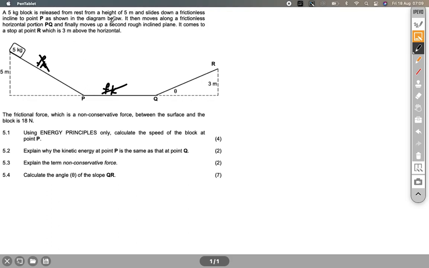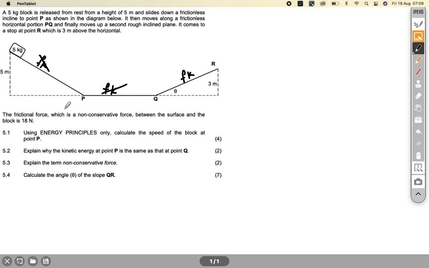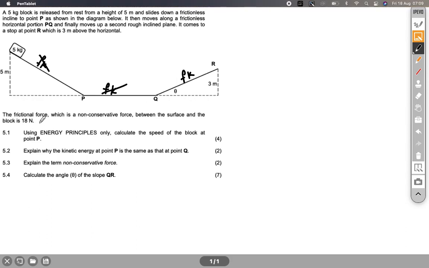And finally it moves up a second rough incline. So here friction is present and then it comes to a stop. Okay, so the frictional force, which is a non-conservative force between the surface and the block, is 18 newtons.